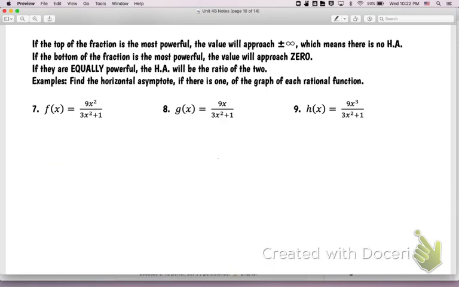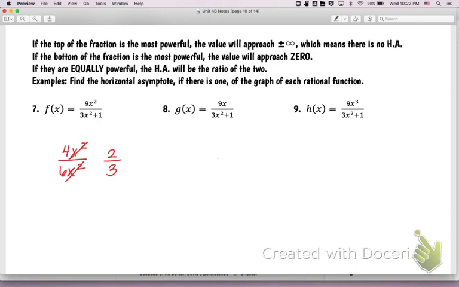And if they are equally powerful, if you think about if you had something like 4x squared over 6x squared, well, the powers of these are going to cancel each other out. So you'd have 4 over 6, you're just going to be left over with 2/3. That's where your horizontal asymptote will be.